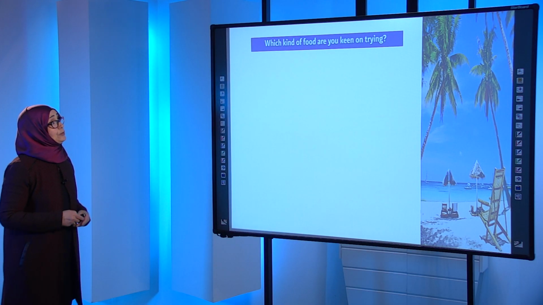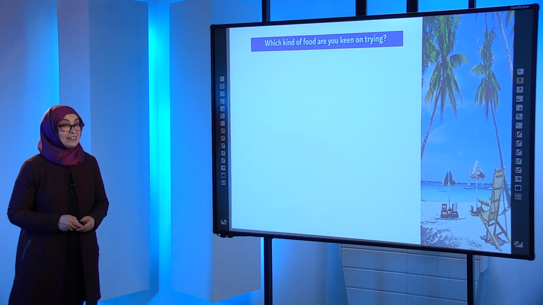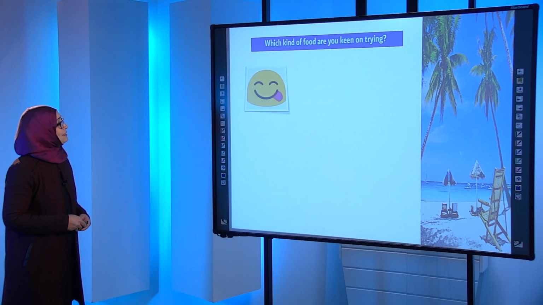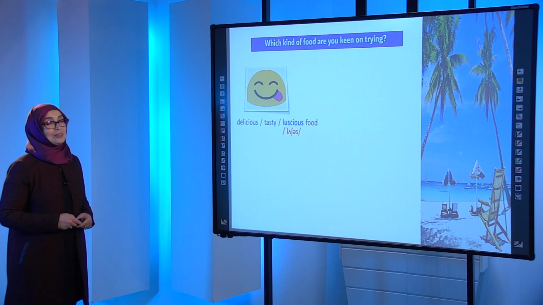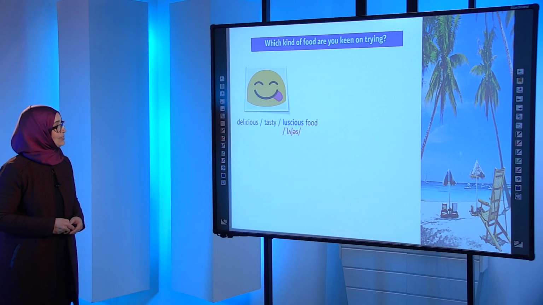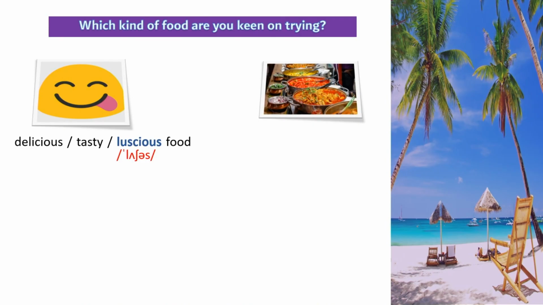What kind of food are you keen on trying? Of course, all of us want delicious, tasty, or luscious food. Some people want to taste spicy food. You can find this in the Tunisian cuisine or the Indian cuisine.